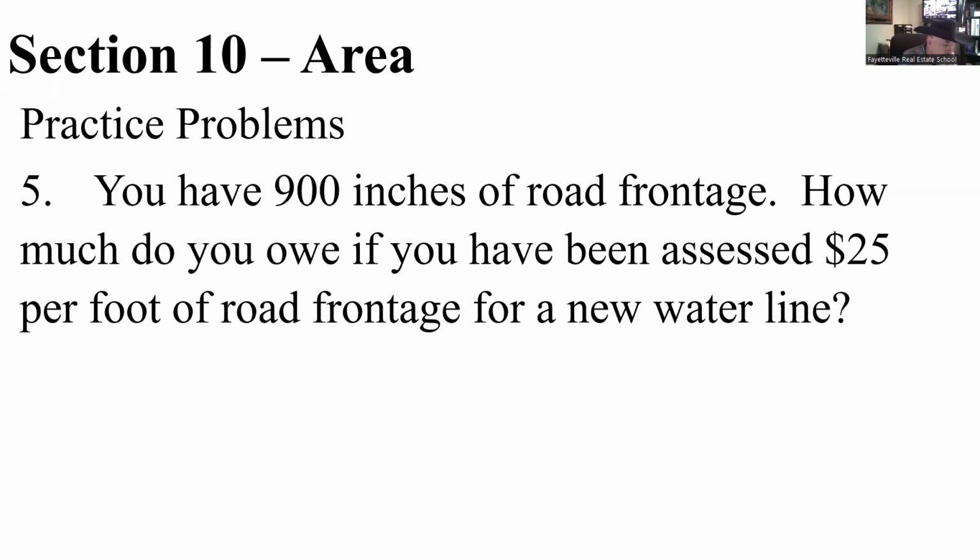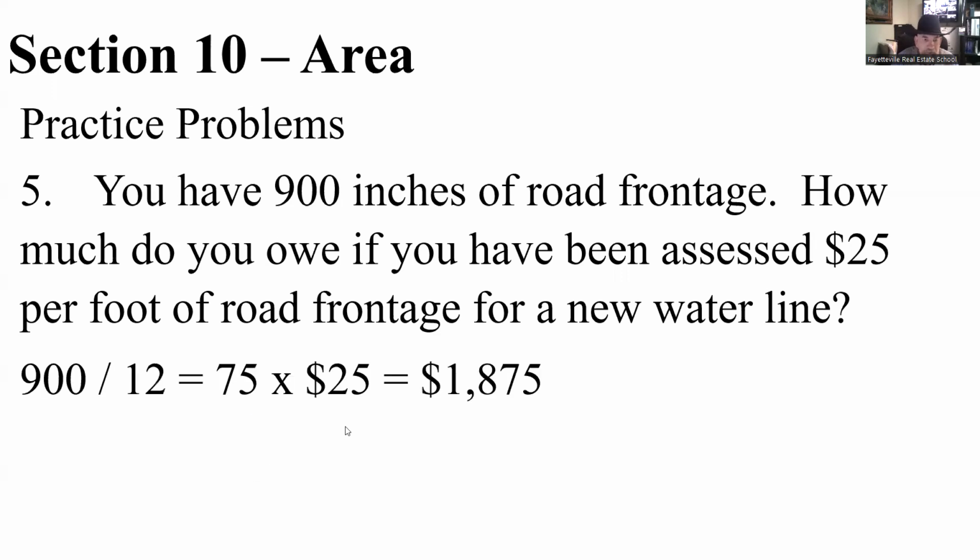So we're going to divide 900 by 12, and we get 75 feet. It's $25 per foot, so 75 times 25, and you're going to be assessed for a new water line $1,875.